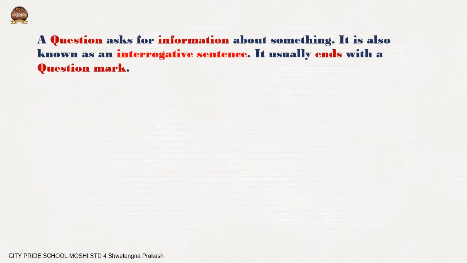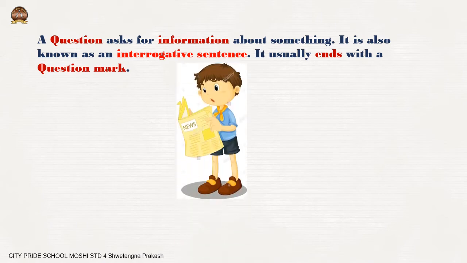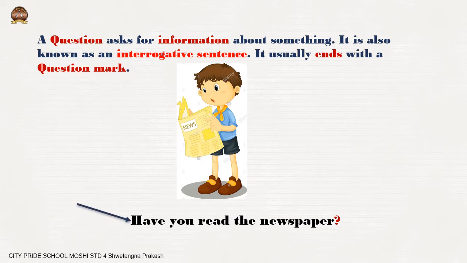As you can see, it ends with a question mark, and a question asks for information about something. They also start with a capital letter, like statements do. All sentences start with a capital letter. They might end with different things, but they will start with a capital letter. Have you read the newspaper? It is a question.